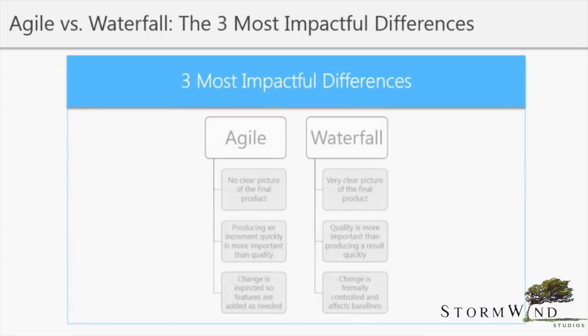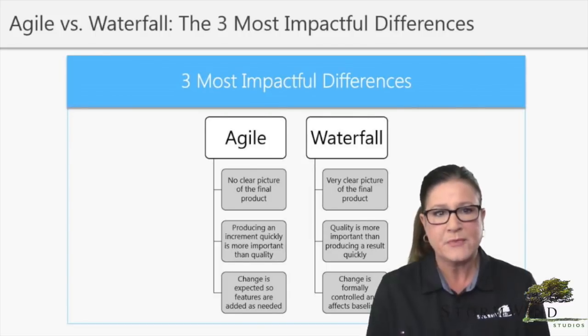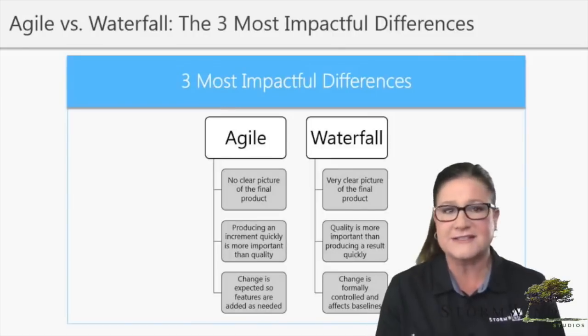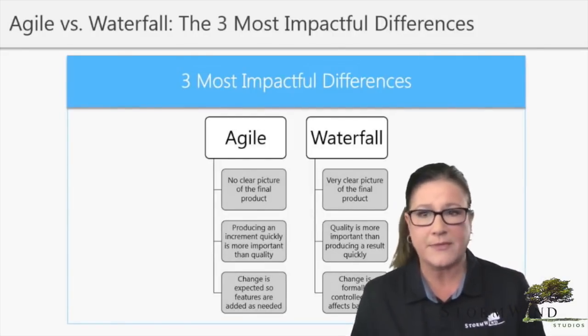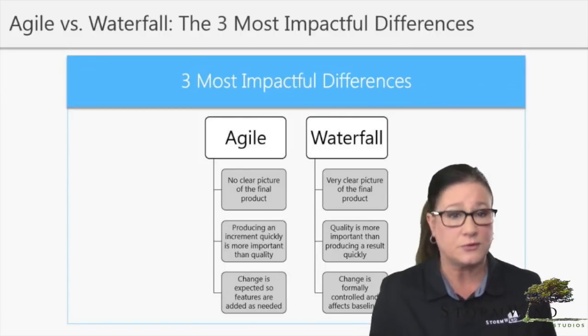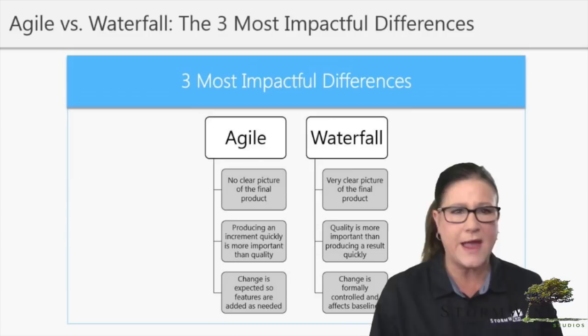Although the three most impactful differences when you look at Agile versus Waterfall is with Agile, we really don't have a clear picture in the beginning of what that final product is going to look like. We know that the customer maybe wants a software program that helps with their payroll system, but we don't really know what that looks like right away.